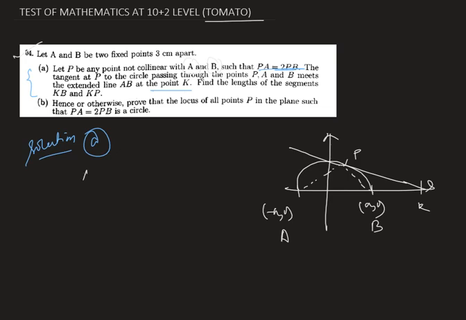Now, given by the question, AB is equal to 3 centimeter, and we can see that AB is equal to 2a, therefore 2a is equal to 3. Let the point P have the coordinates h comma k.